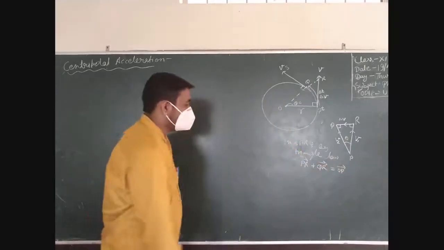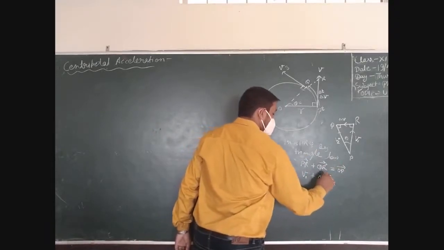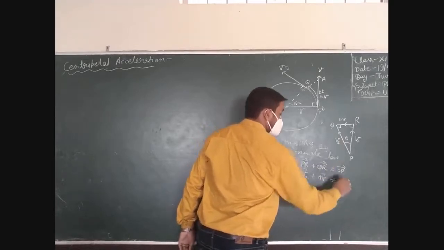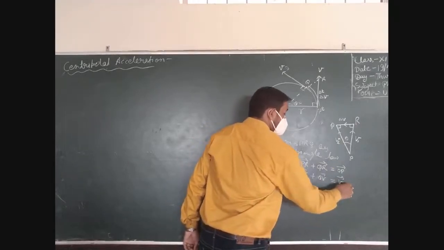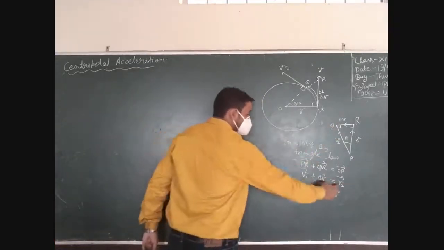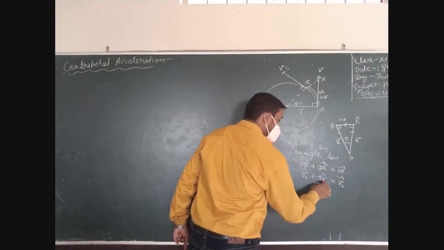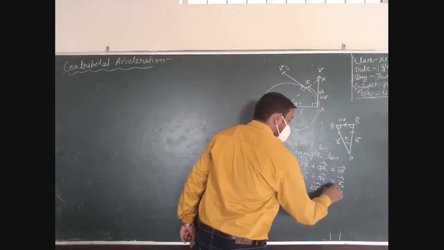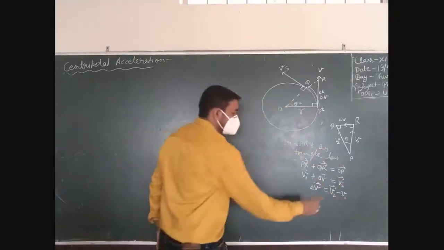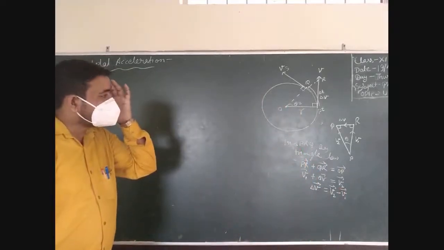Putting in the values, we get v1, del v, and then v2. Now calculating from here, the difference, del v is equal to v2 minus v1. This is the change in velocity after a small time del t.